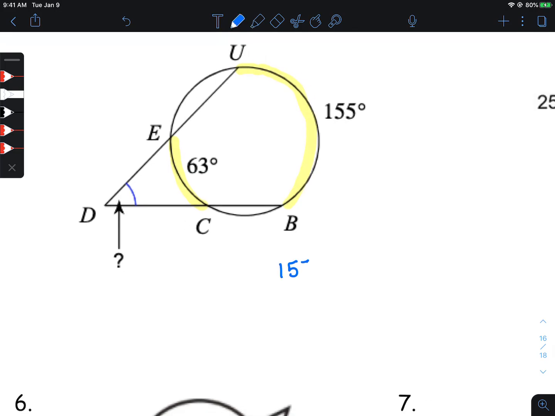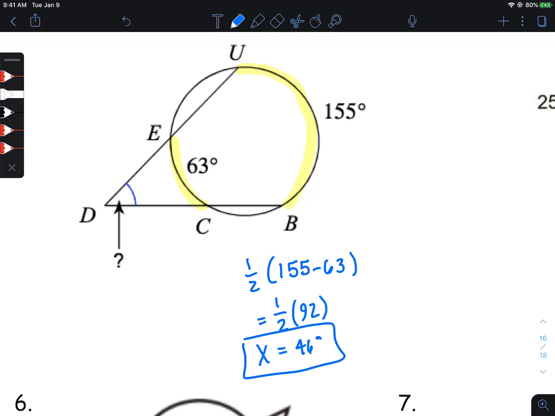So we'll go 155 minus 63, and then we'll multiply that by half. That'll find our angle. 155 minus 63 is 92. So we'll just go 1/2 of 92, and that's going to be 46 degrees. You can call it X or question mark, whatever you want.